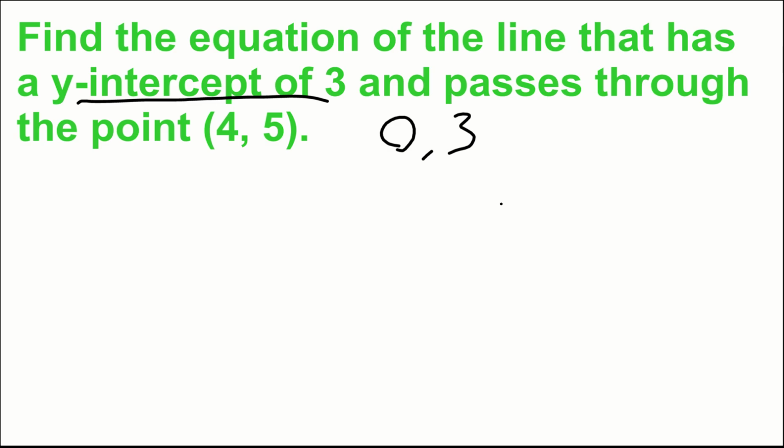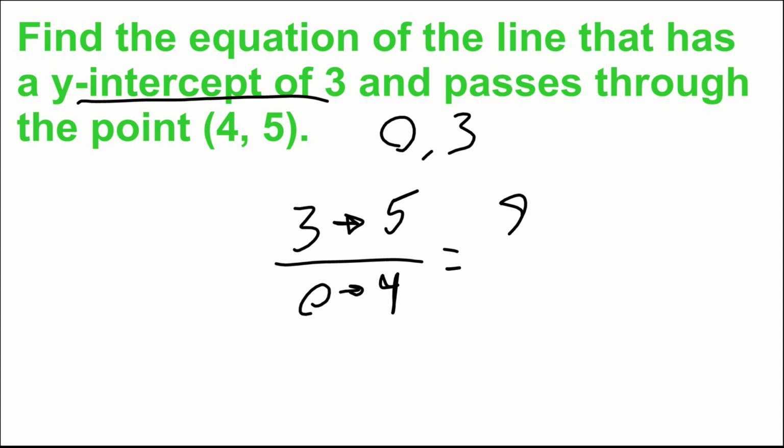Everybody sees where that's coming from, right? So now we just find our slope. So I'm going to put my y-intercept first. So I'm going from 3 to 5 and 0 to 4. 3 to 5 is up 2. 0 to 4 is up 4. 2 over 4 is 1/2.